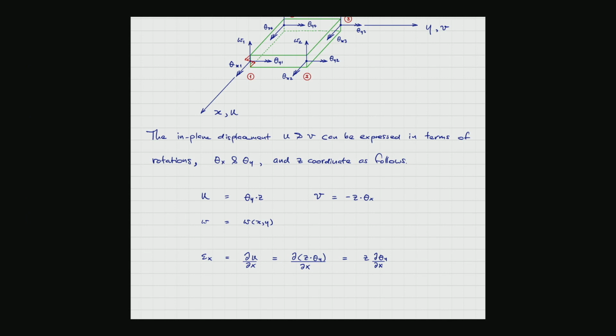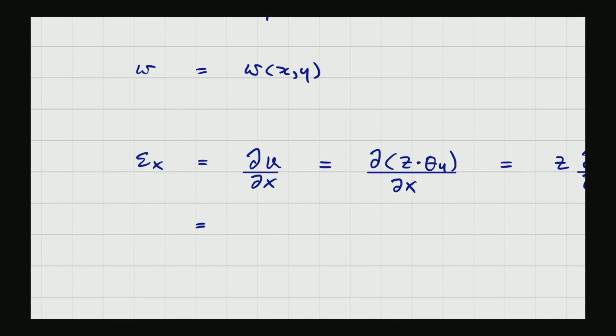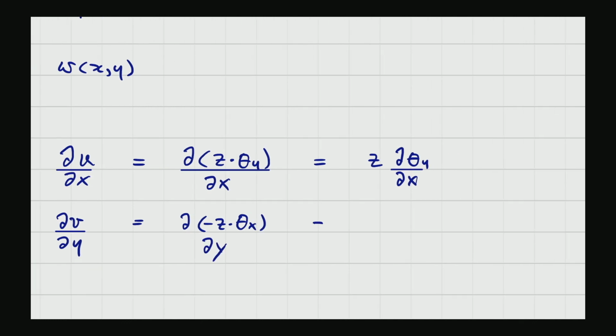Okay, the first part. The second part, we are going to find the epsilon y, the strain in the y direction, and that is the partial derivative of v with respect to y. And that is the partial derivative of minus z theta x with respect to y. Again, z has nothing to do with y, so you take the minus z times partial theta x with respect to y.